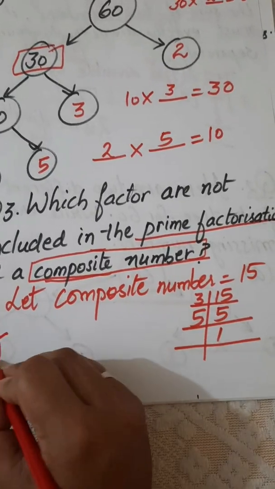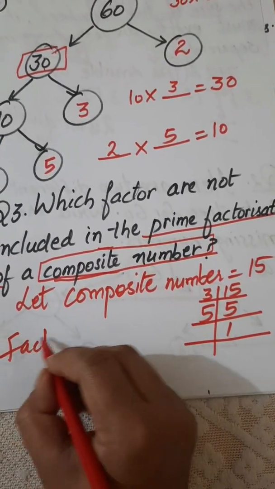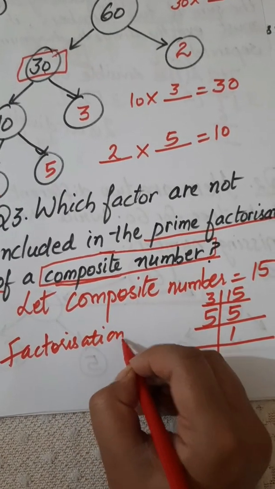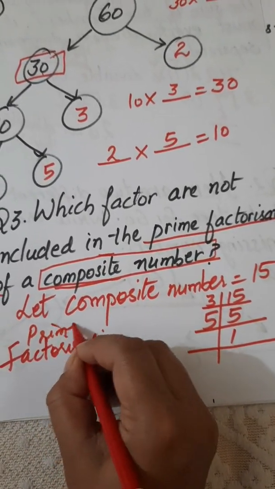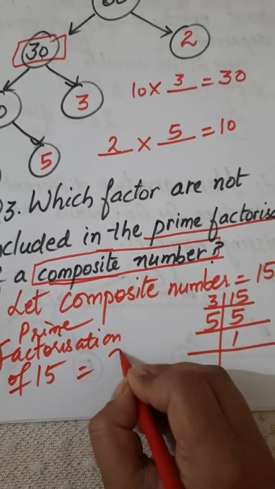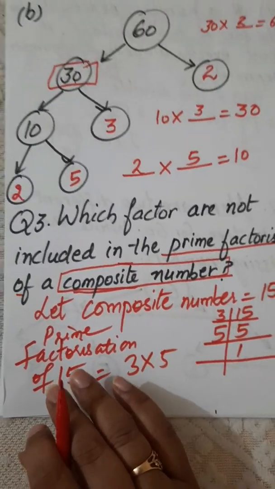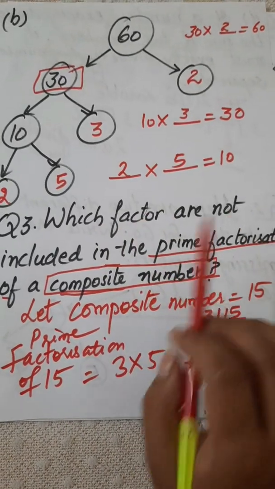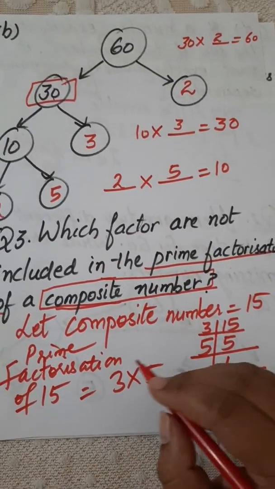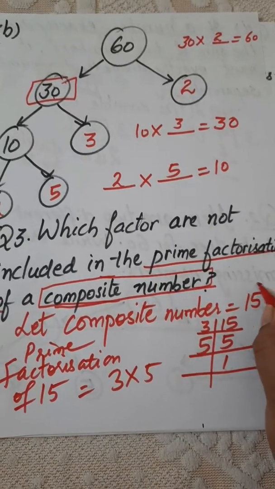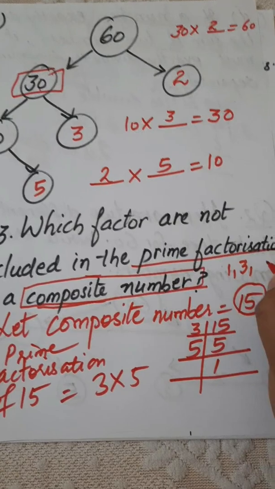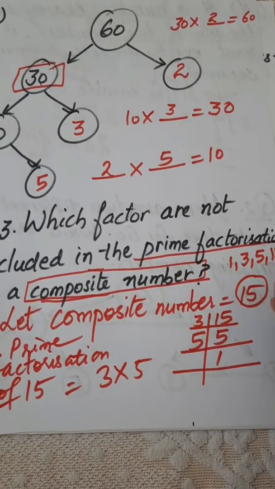So prime factorization of 15 is equal to 3 into 5. So here the question is, which factor are not included in the prime factorization? I know that the factors of 15 are 1, 3, 5 and 15 itself.